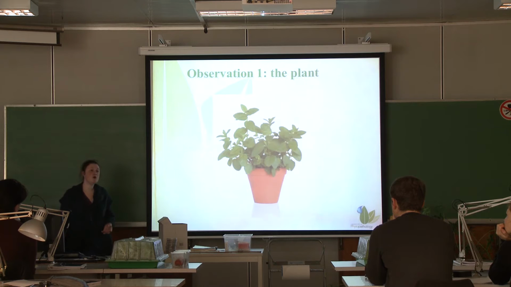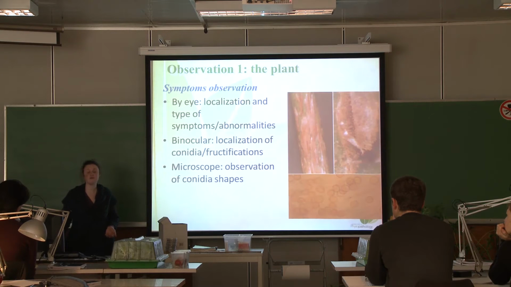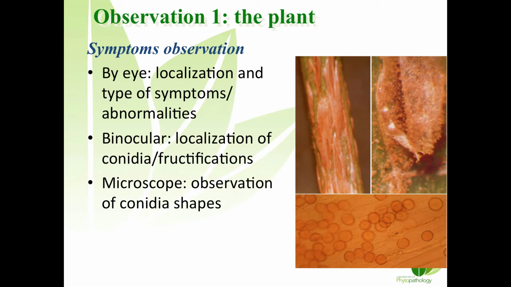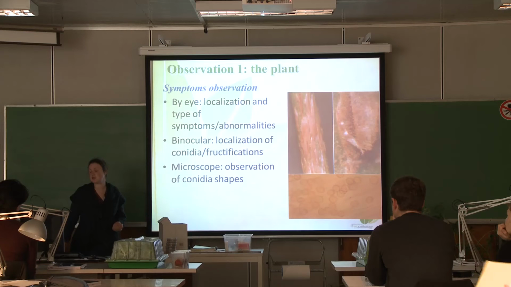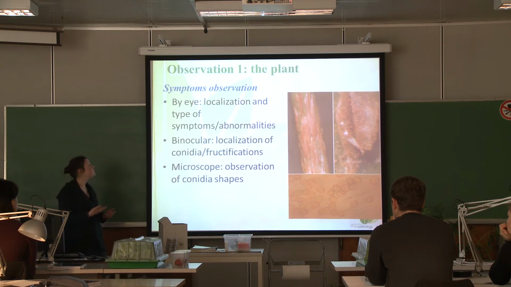Usually your observation will start with the plant, and you can observe the plant at 3 different levels, 3 different scales. Firstly, you will observe the plant with your bare eyes, and you can then localize the symptoms and observe the type of abnormalities that you have.